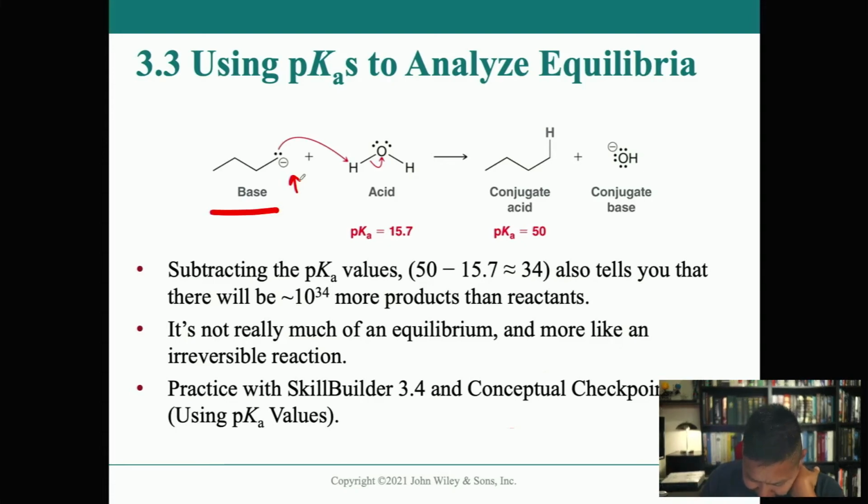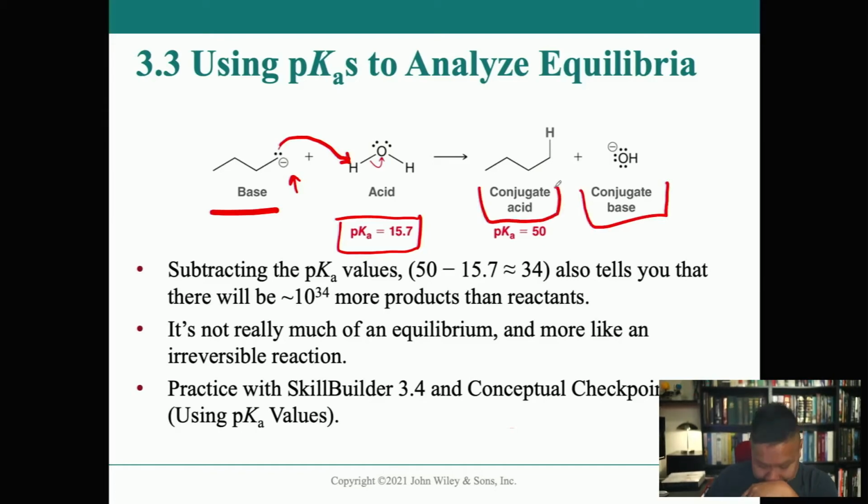And so even though water is not a very strong acid, this butane carbanion here will steal that proton from the water, making the hydroxide conjugate base, and making him the conjugate acid with a pKa of 50.